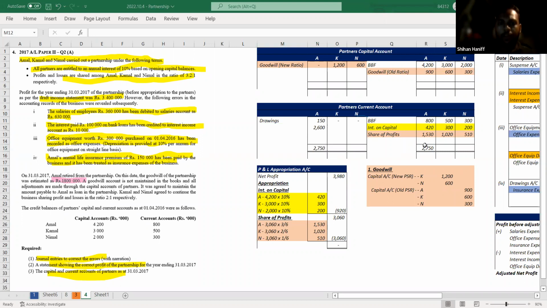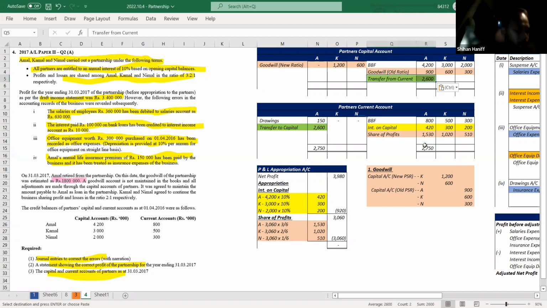So that will be transferred to capital. Transfer from current account.